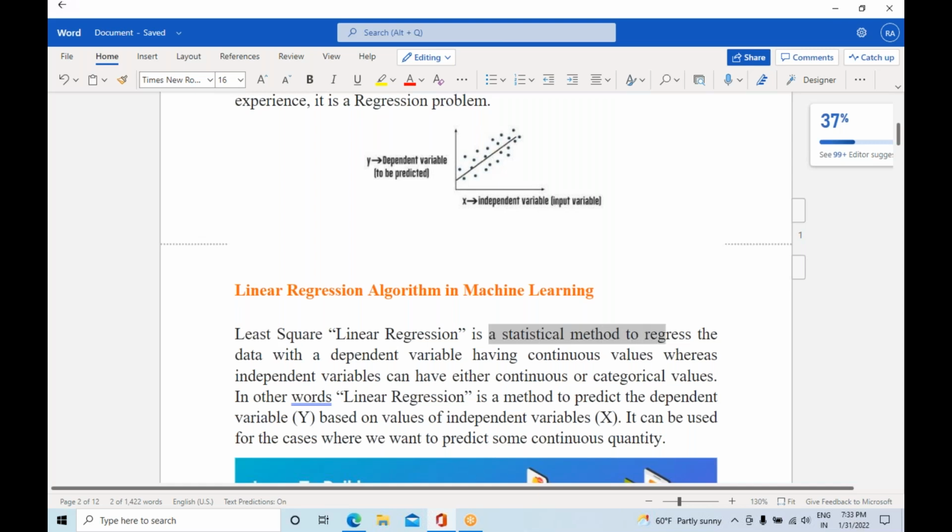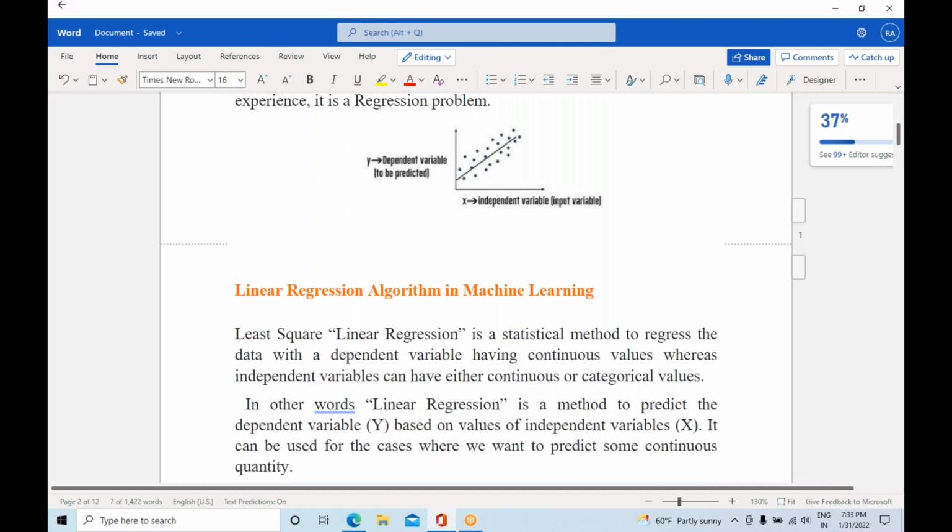Basically it is a statistical method to regress data with a dependent variable having continuous values. Here your dependent variables are continuous values, but the independent variables may be continuous or they may be categorical values.